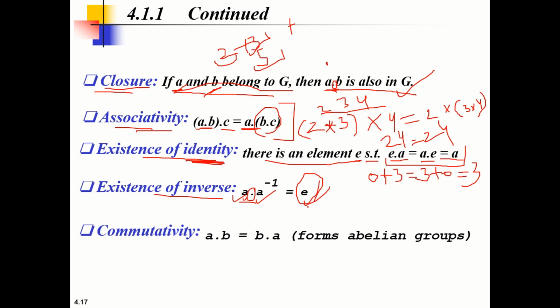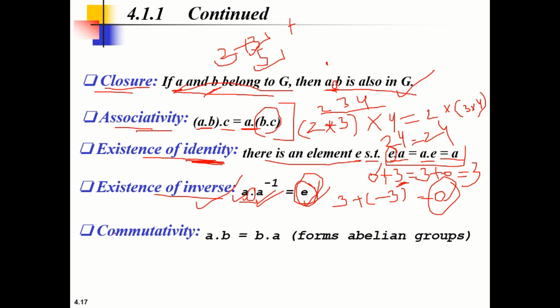So in this case, if you take 3 as an example, its additive inverse will be -3. 3 plus -3 gives you 0. So this E was 0 for it. Here we have used this 0, so again you are getting 0. So that means the inverse of the given element exists in the set.